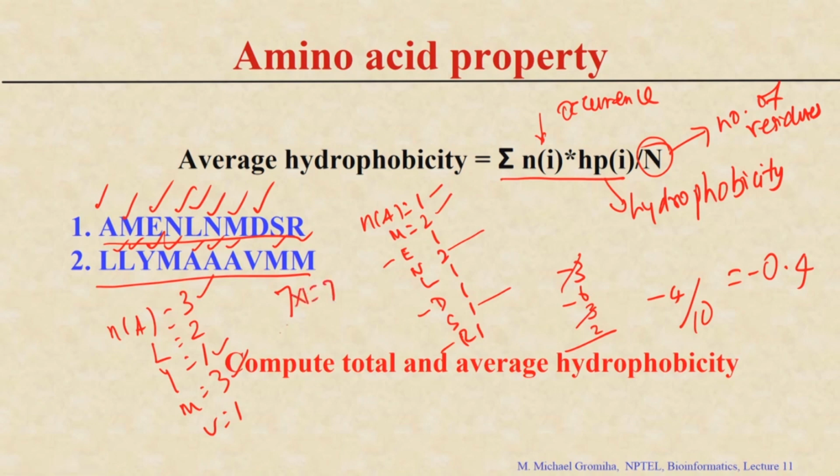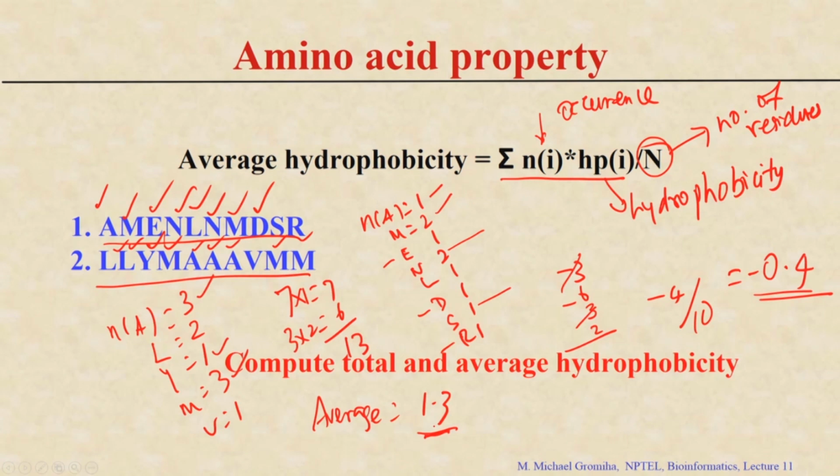And then L and V are 2, so 2 plus 1 is 3, 3 multiplied by 2 equals 6. This will be 13 total, so the average equals 1.3, dividing by 10. So, you have two sequences: one is minus 0.4, one is 1.3.